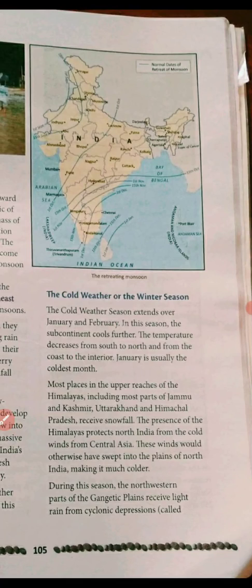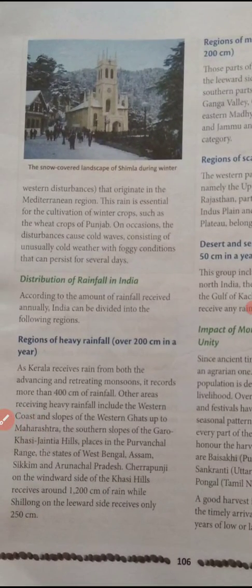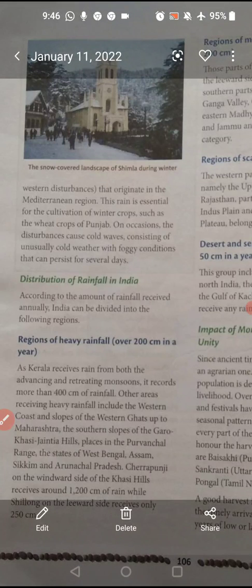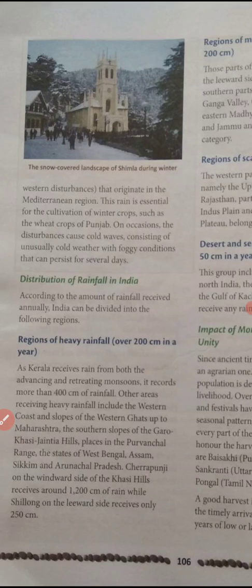During this season, the northwestern parts of the Gangetic Plain receive light rainfall from the cyclonic depressions called western disturbances. Now, what is this western disturbances phenomenon? Towards the Mediterranean Sea, which lies to the west of Asia, there are some low pressure conditions, and towards India there are high pressure conditions because of low temperature.